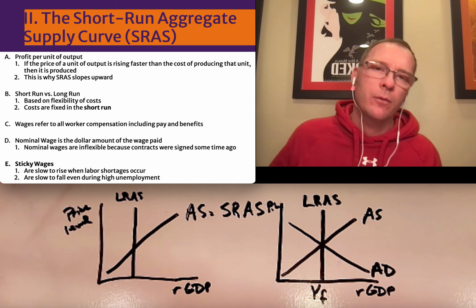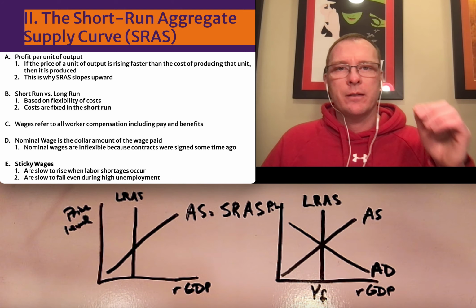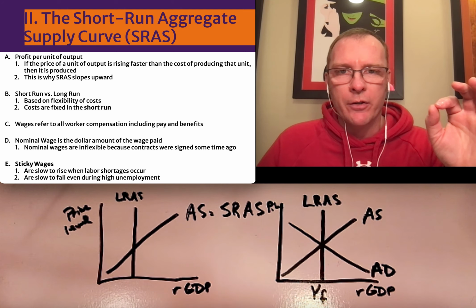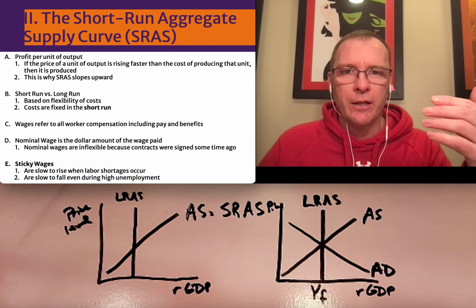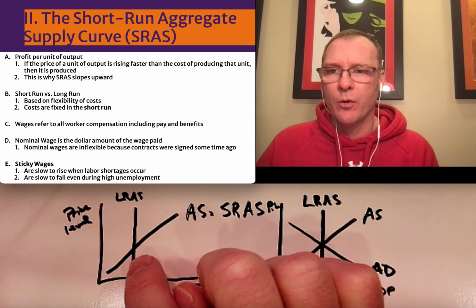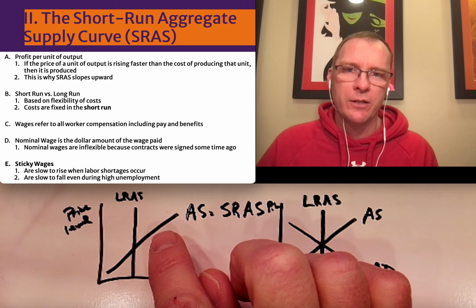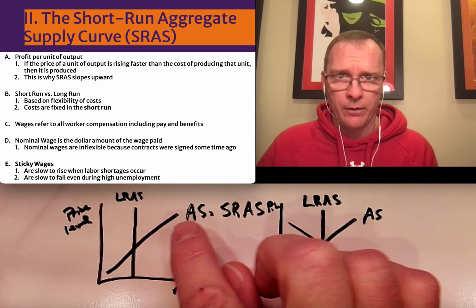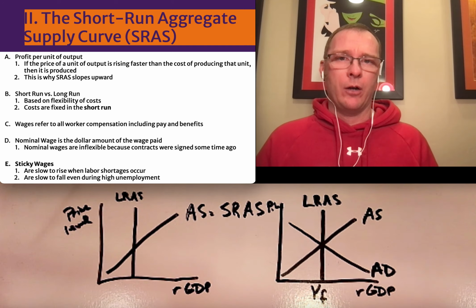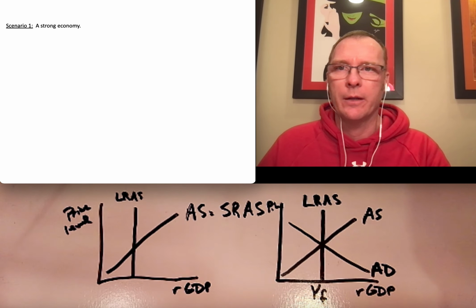But because wages are sticky, right, I'm going to see the price go up on my good first, and then eventually I will see wages increase. So my aggregate supply in the short run might have a movement first, and then when you ask for a wage increase or something like that, it'll go back to my long run aggregate supply line. So we'll model that out in a little bit.